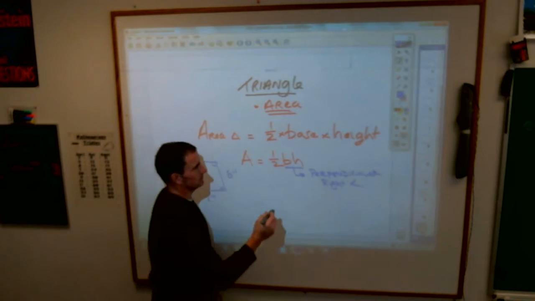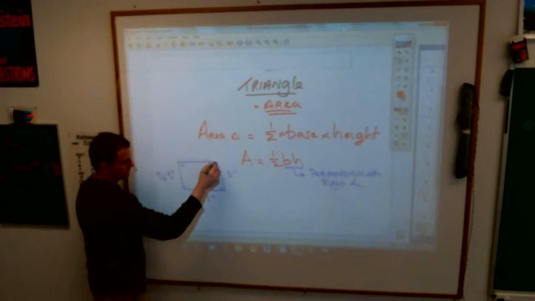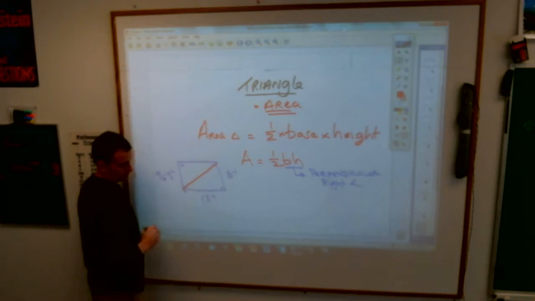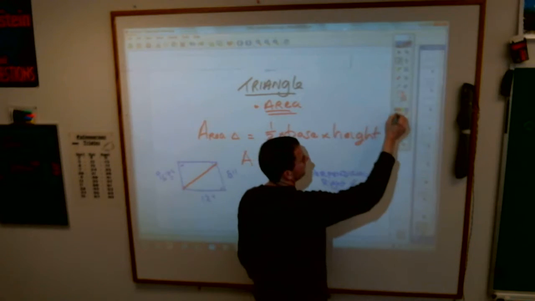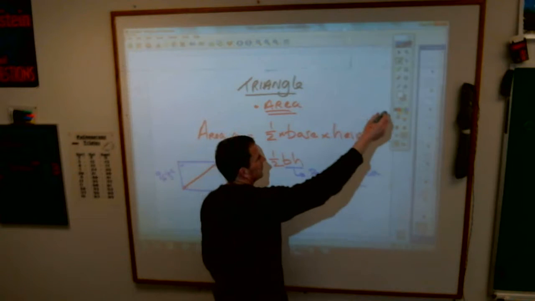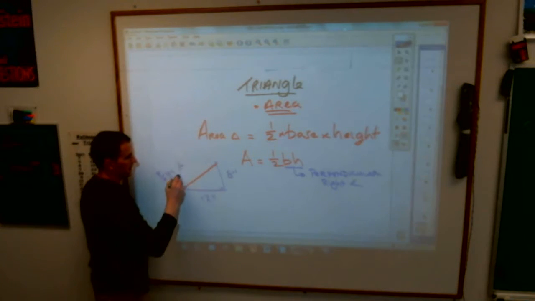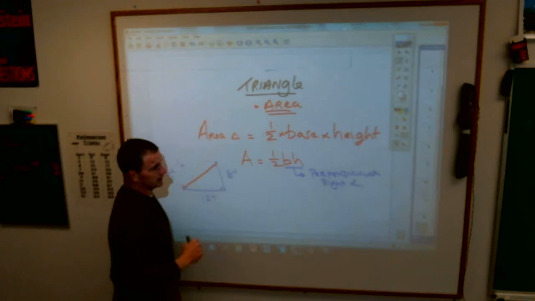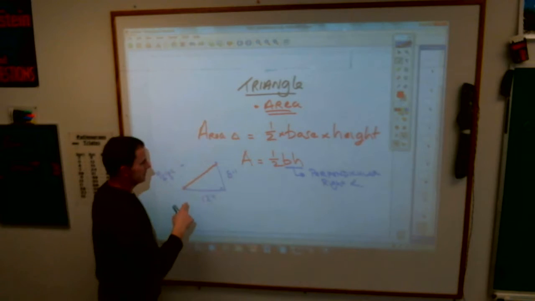Well, take a look. The beauty of that is this. If I connect the diagonals of this and take away this side and this side, I'm left with a triangle. And what do you know about that triangle?